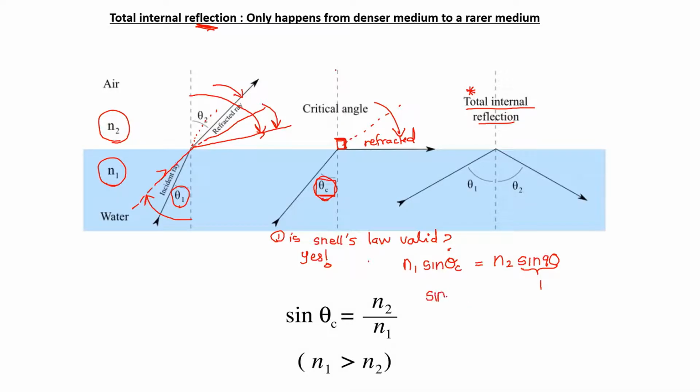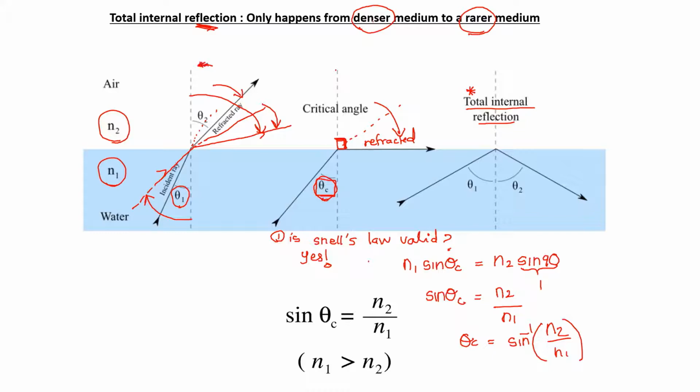So sine theta C equals N2 divided by N1, and theta C is given by sine inverse of N2 divided by N1. The interesting thing is, this will happen only when light goes from a denser medium to a rarer medium. If it's the other way, this will not happen, because light will keep on coming towards the normal.